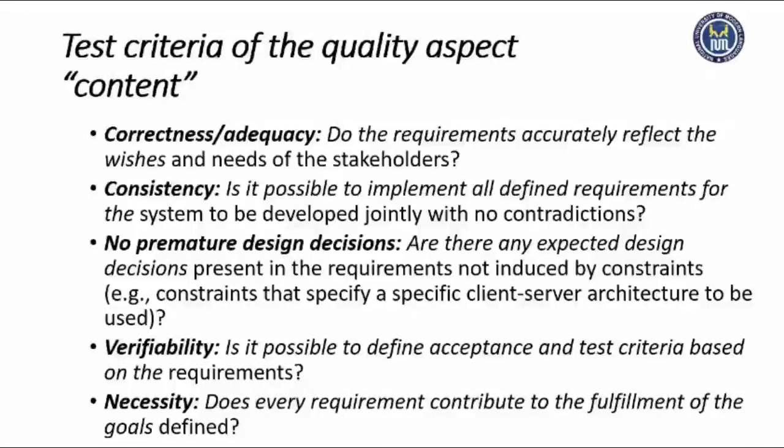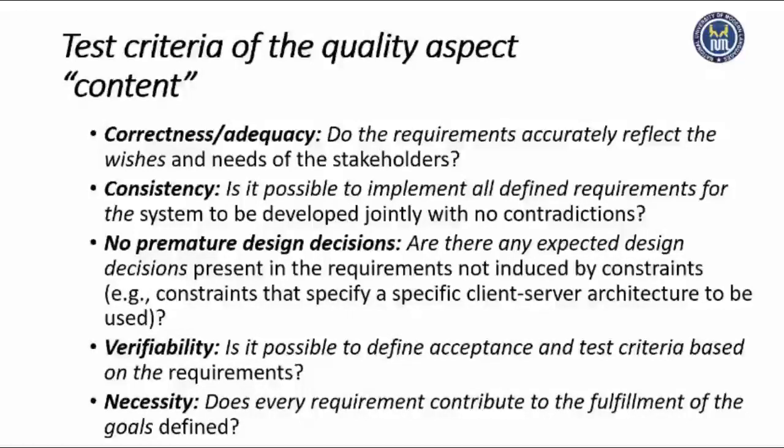No premature design decisions: are there any premature design decisions present in the requirements not included as constraints? For example, constraints that specify a specific client-server architecture to be used. Have we defined that client-server architecture or not? Verifiability: is it possible to define acceptance and test criteria based on the requirements? And lastly, necessity: does every requirement contribute to the fulfillment of the goal?